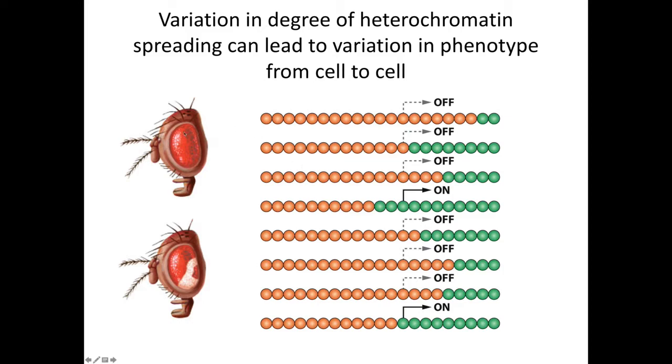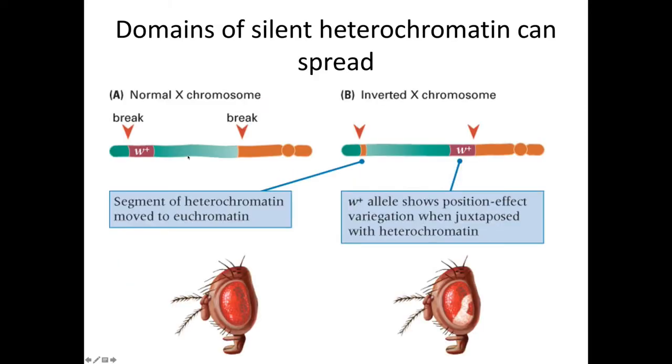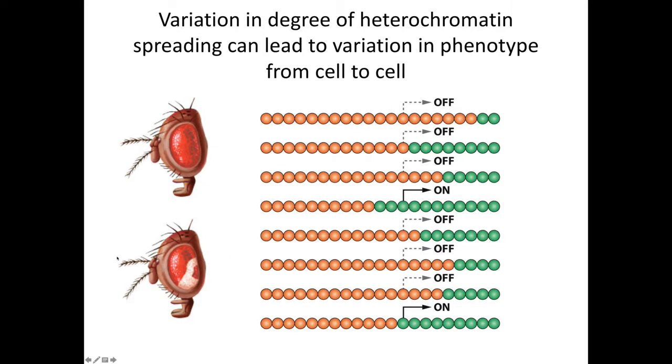Well, this is the wild type white plus. It's expressed and it's completely within euchromatin. But in the inversion condition where white plus finds itself juxtaposed to heterochromatin, there are some cells in the eye that express white plus, and there are some cells in the eye that repress it.